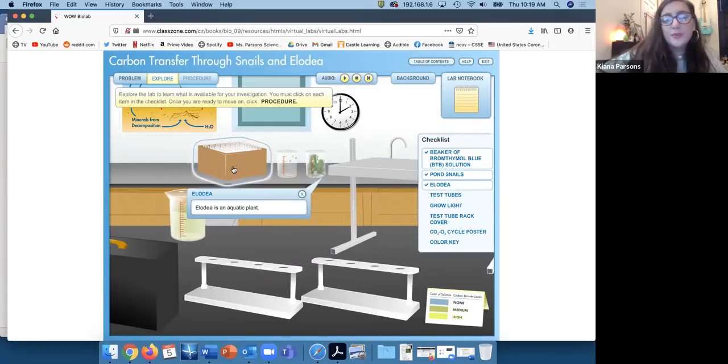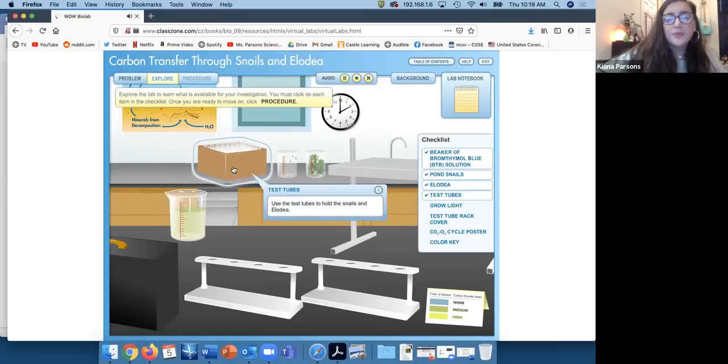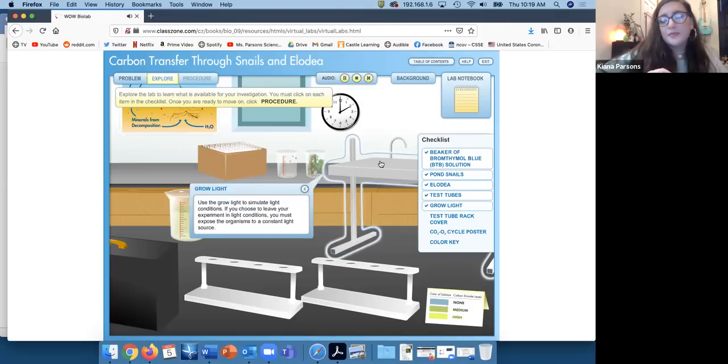Test tubes. Use the test tubes to hold the snails and elodea. Everything is going to be explained for how we're going to use it in the experiment. So the test tubes are going to hold the snails and elodea, and you'll see me set that up in a moment. Grow light. Use the grow light to simulate light conditions.